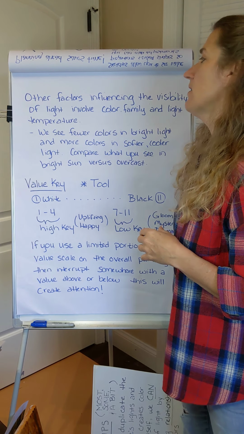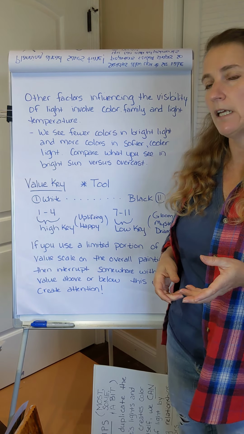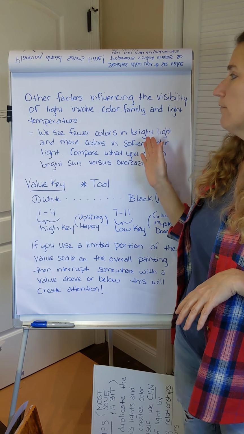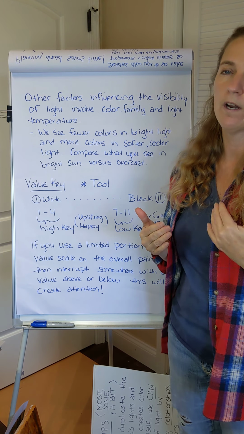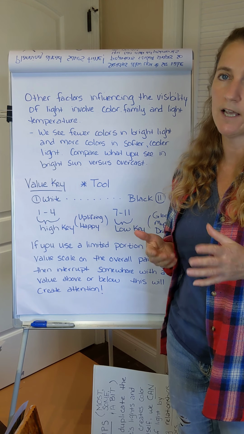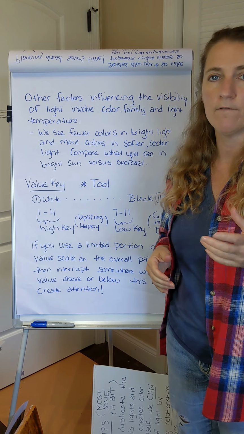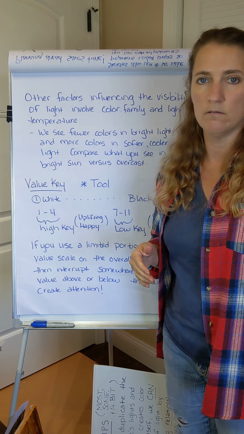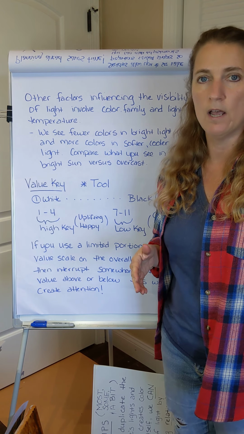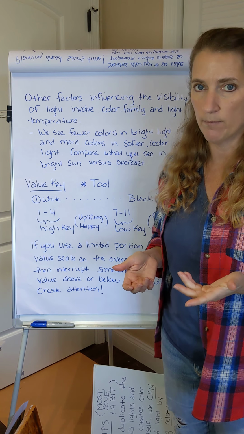All right. Other factors that increase the visibility of light include the color family and light temperature. We're going to talk a little more about this later on when we're talking about color theory. But if you go out in the bright sun at high noon and you look around, colors are actually muted.